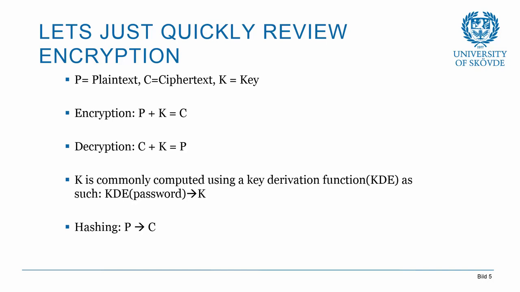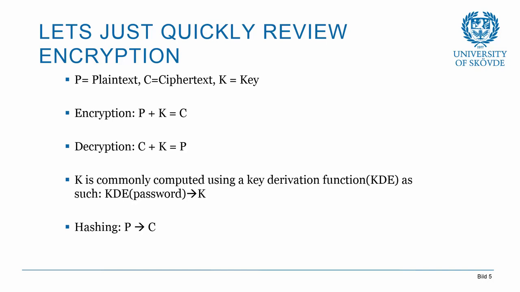If we want to simplify as much as we can, encryption is the process of taking a plain text, applying the key, and using some algorithm to get a ciphertext, and decryption is the other way around. We have the ciphertext and we take the key to generate the plain text back.